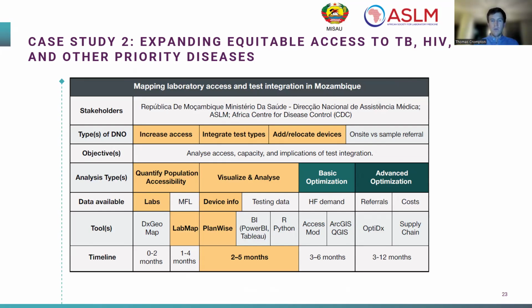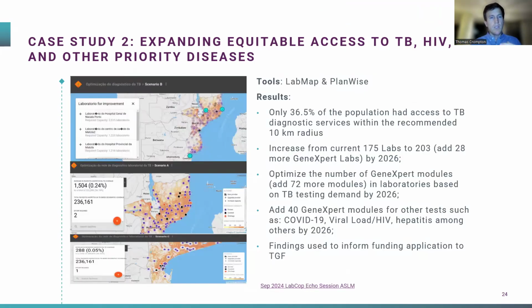And they used a combination of tools with LabMap and PlanWise, and it took them a little bit longer than the example before. And so you can see here, they've plotted all of the devices, all of the laboratories, done an accessibility analysis, and their results showed that only 36% of the population had access to TB diagnostic services within their recommended 10-kilometer radius for the country.